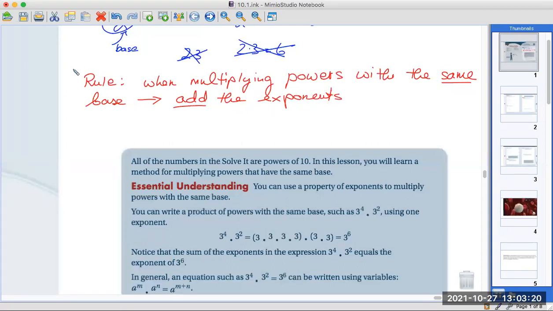So I'm going to have you make sure you have that big. This is the sentence you kind of have to remember.